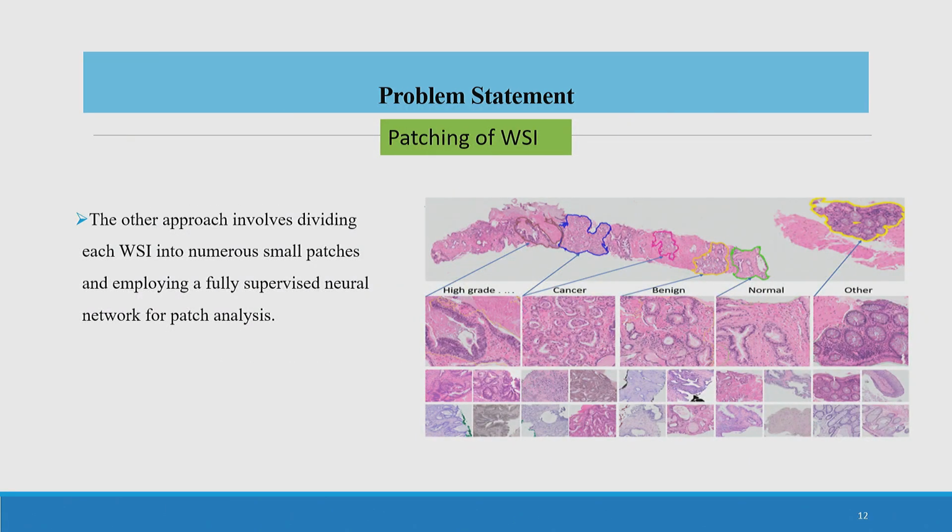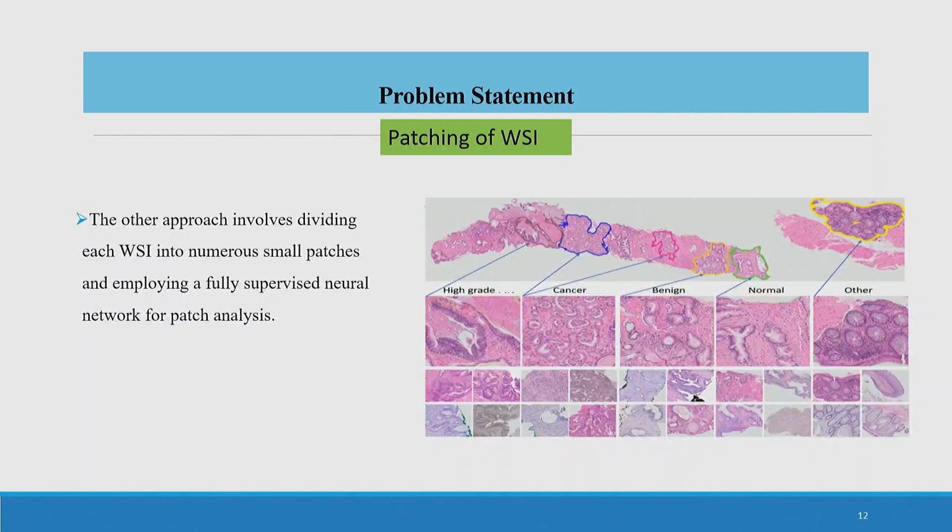The other solution is patching. We have a big slide, and we make patches of 256 or any other size which any CNN architecture can take directly. But there is also a limitation. If we make patches, what will be the label of each patch?